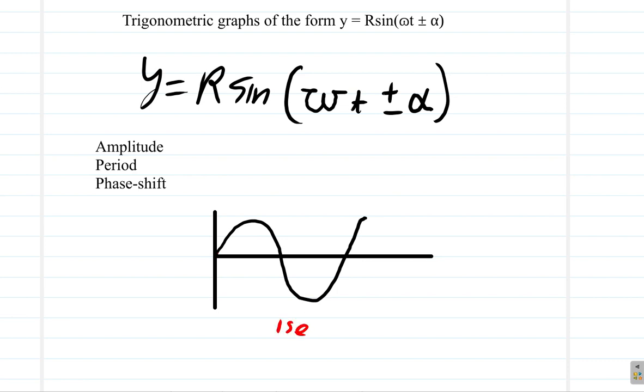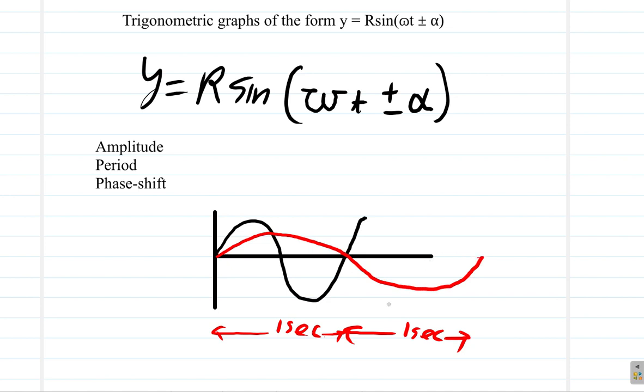So 1 second, 2 seconds, that means 1 more second. Alright, so it will be same as the red wave I had before, but I want to talk about it in terms of seconds.